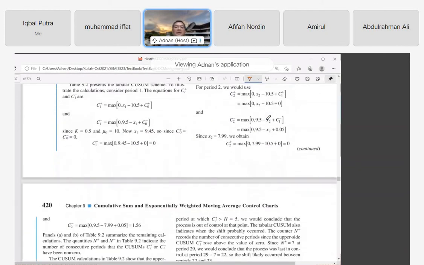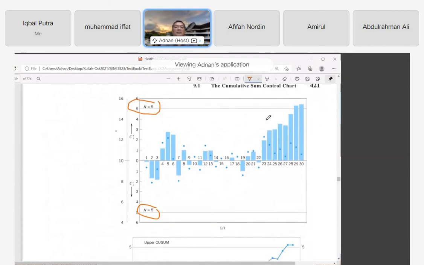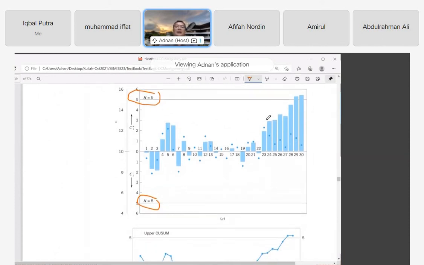What we have here is the plotted value of C. These points plotted here are the raw data, not the CUSUM data. The CUSUM data is the one in the bar chart, in the bars. Okay, this is the raw data.